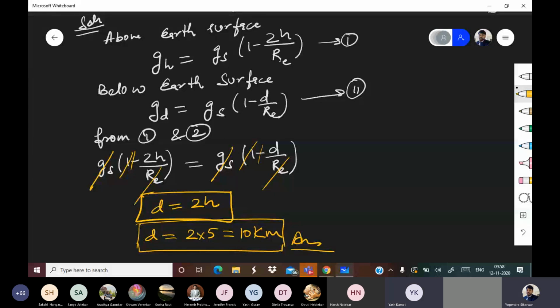We calculated the value of G in question 8 for the same height, by taking some value. As per you, you are saying that the value at the surface and the value at a height above the surface are both the same, correct? Yes sir, that value was for that question, not for this question.